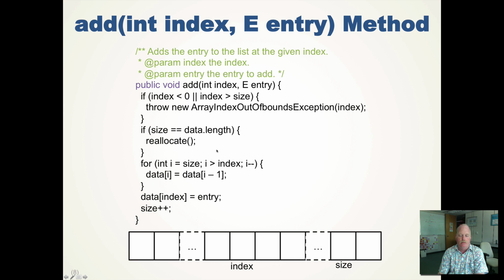If they're the same, we make the array larger so that we can actually insert this new item into the list. And then we have to start shifting the things at the end of the list over one, because we need to create a space here for the new entry. So we loop through, and now this is empty. So now we can insert the entry in there, and now we increment the size. And we are done. Notice we don't have to return anything.